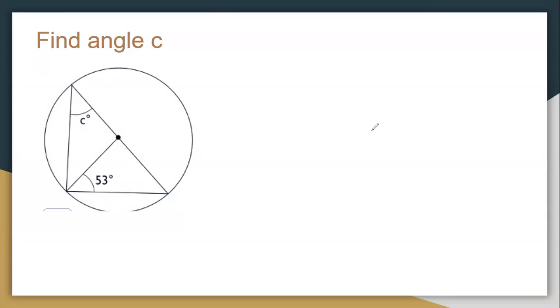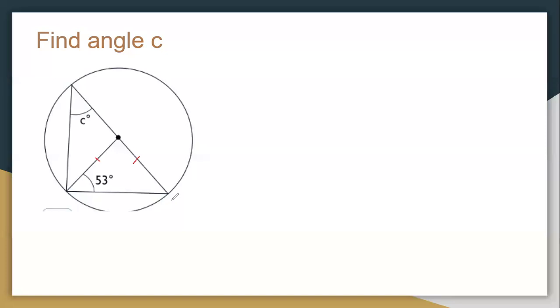Good morning. So we see that this angle here where we have 53 is formed by this line that connects to the center. And so we should mark it and make it equal to the other one opposite to it, to show that it is an isosceles triangle.